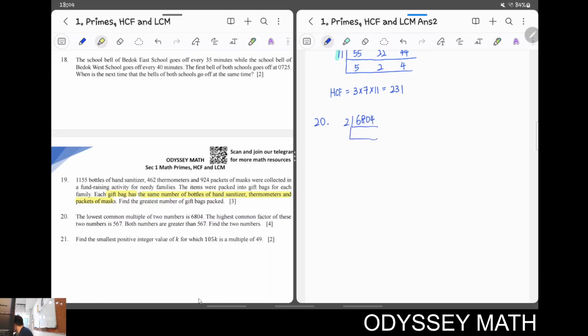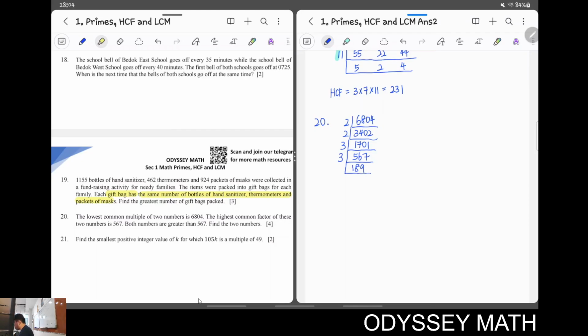Divide by 2, we have 3402. Divide by 2, we have 1701. Then divide by 3, we have 567. Divide by 3, we have 189.